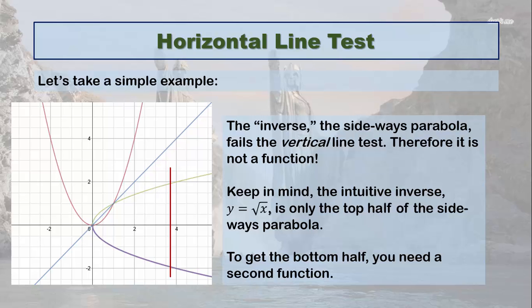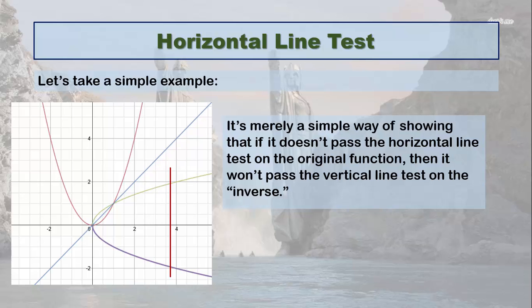So you'd need a second function to get that bottom half. So again, the whole horizontal line test is merely a simple way of showing that if it doesn't pass the horizontal line test on the original, then it's not going to pass the vertical line test on the inverse.